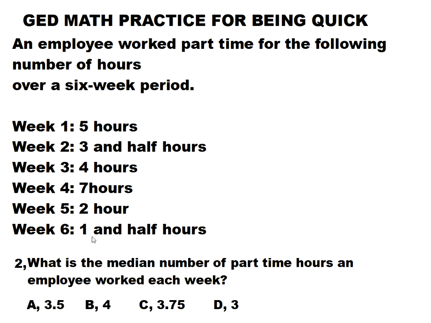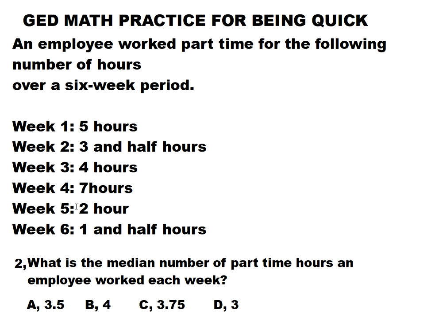So here the smallest is 1.5, so that's first, and the 2 and the 3.5 and the 4 and the 5 and the 7. Since 6 is an even number, the median is in the middle when you have an odd number.